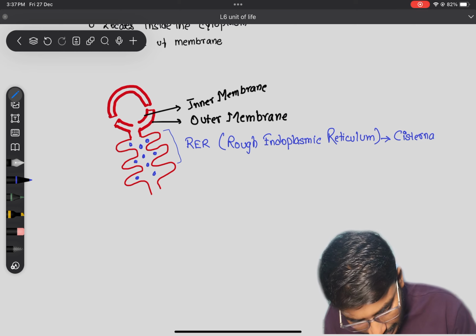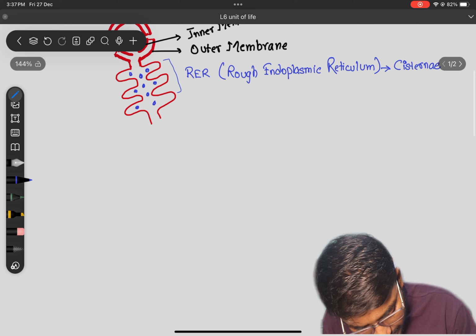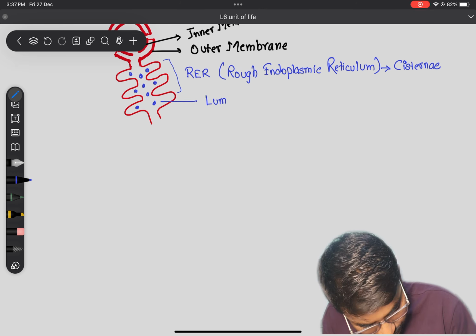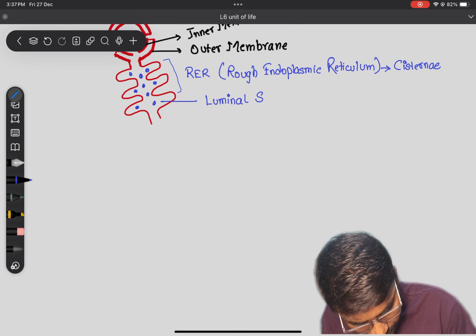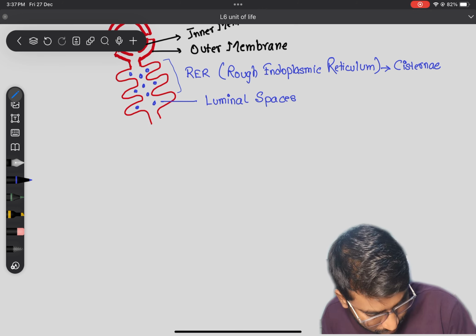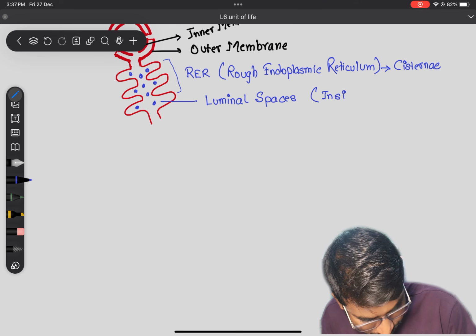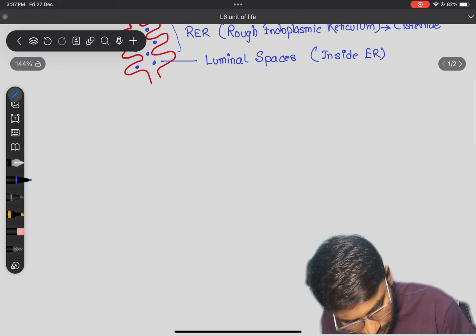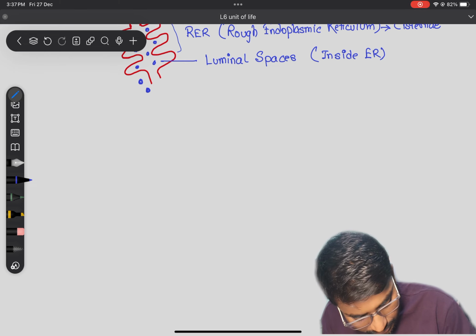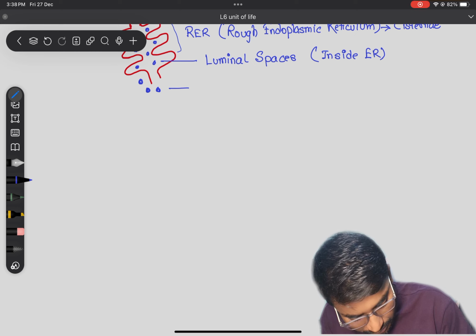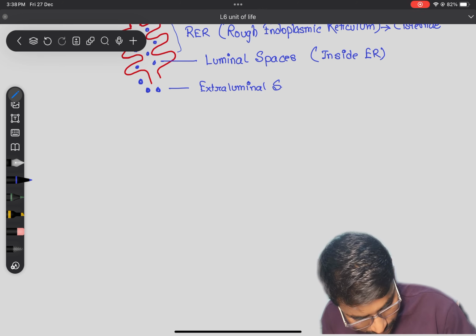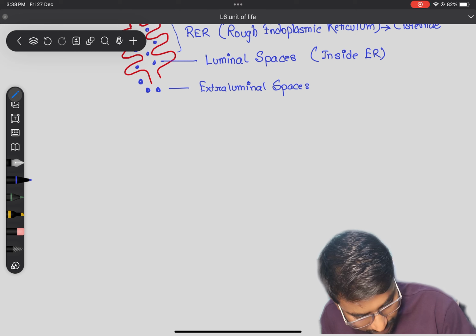Here are the luminal spaces inside the ER, and here the extraluminal spaces. This is the cytoplasm.